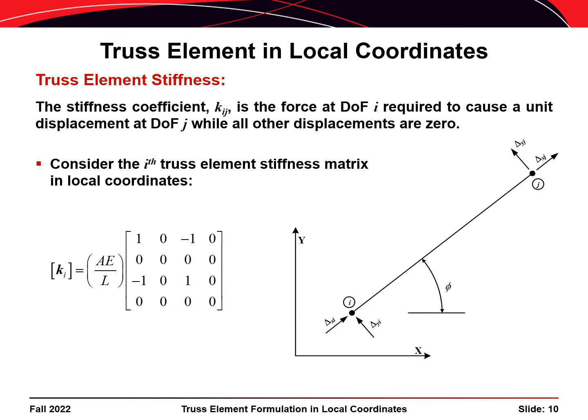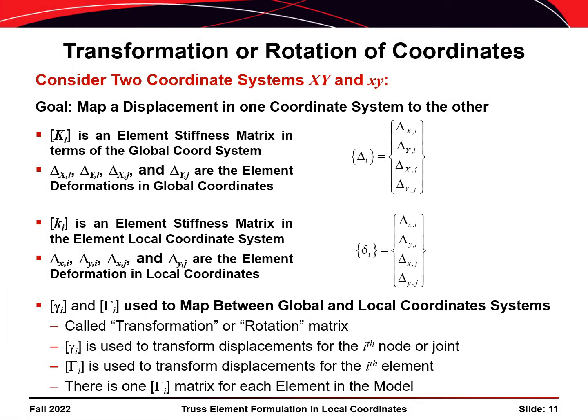A unit elongation of the member corresponds to the development of a force AE over L, and you can see that that corresponds to the first and the third degrees of freedom associated with this member. The first degree of freedom being delta sub x at the ith end, and the third degree of freedom being delta sub x at the jth end.